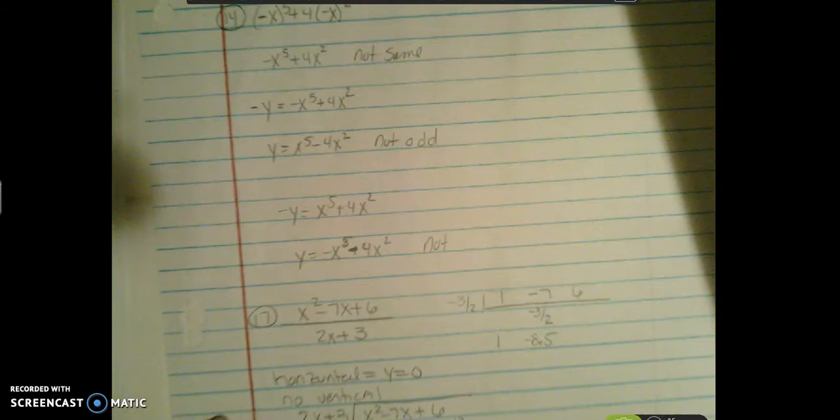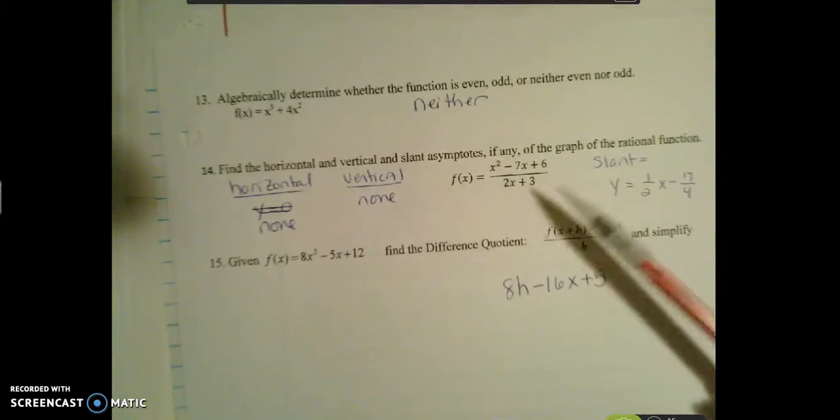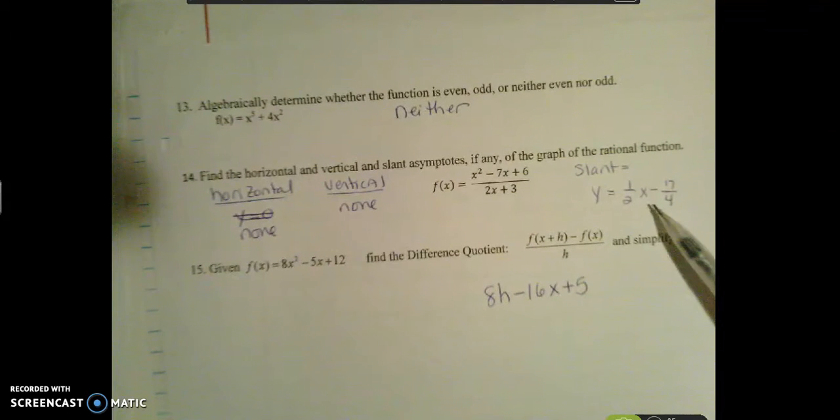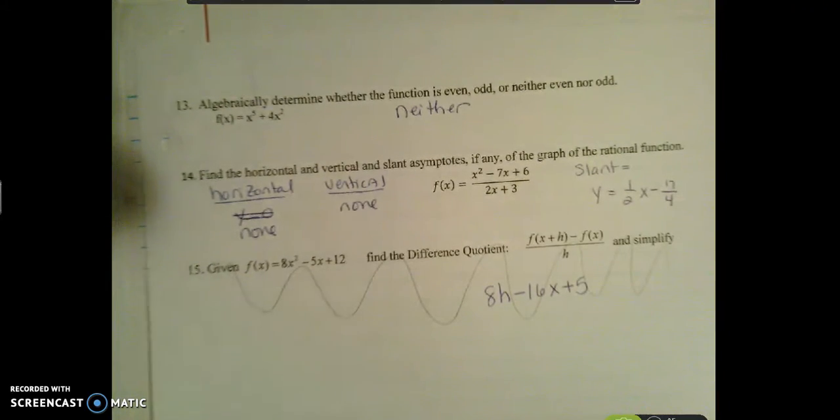I'll have to go back and look at that one for a second. So I'm going to say right now I've got no vertical asymptote on that. And then the slant asymptote is over here. Okay. And then we didn't do this last question, so you can skip that.